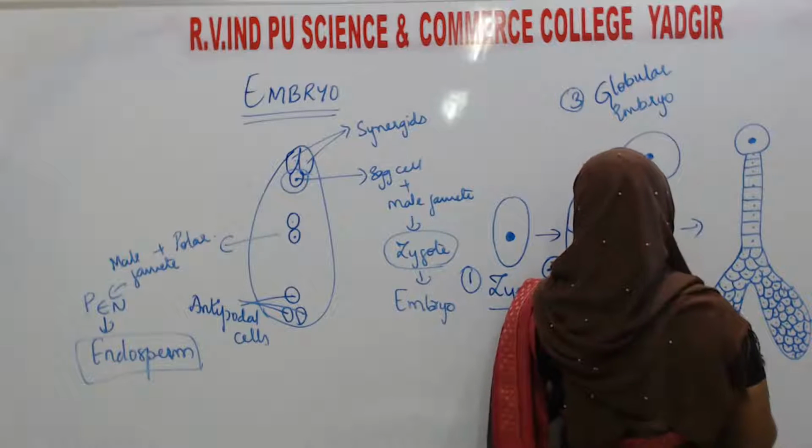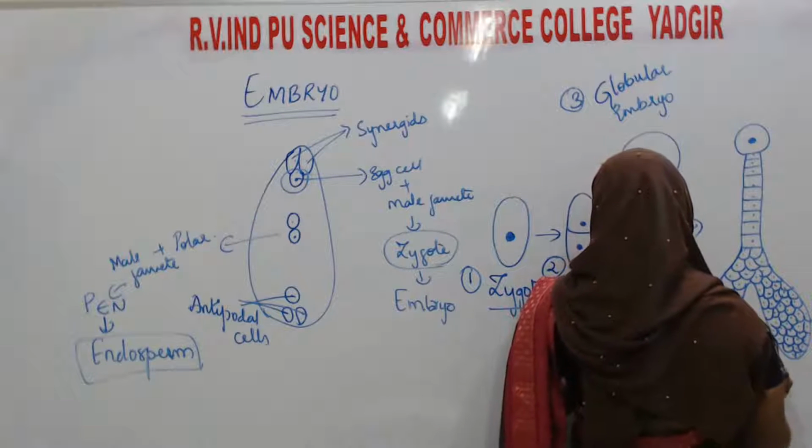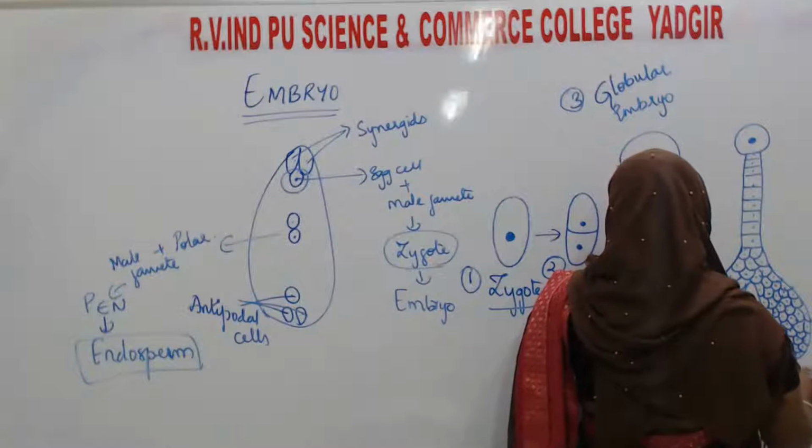Okay, this is the fourth stage, that is the heart-shaped embryo.